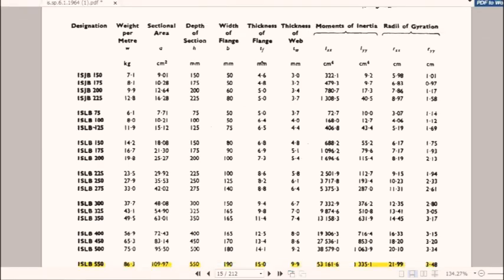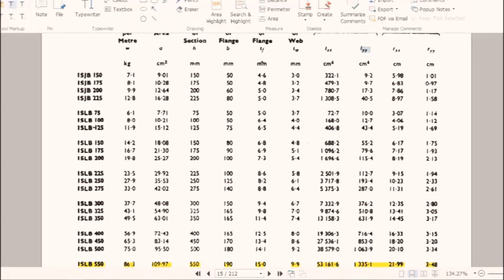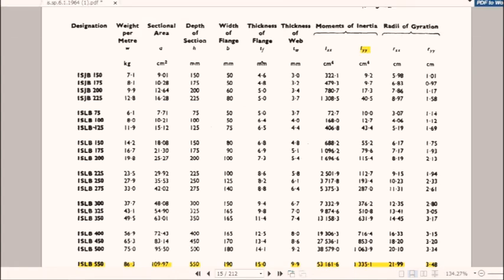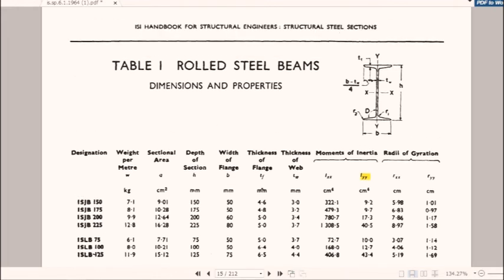And here you can find out the section modulus of the section, of course moment of inertia and all those parameters. And remember what is IXX and IYY. In this figure you can find the horizontal axis is XX and the vertical axis is YY, but the notations can vary.